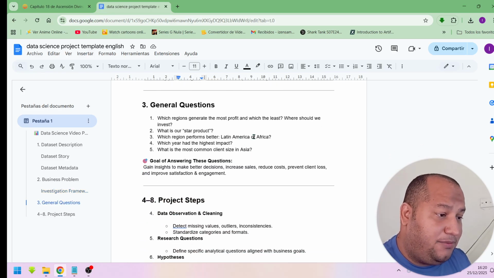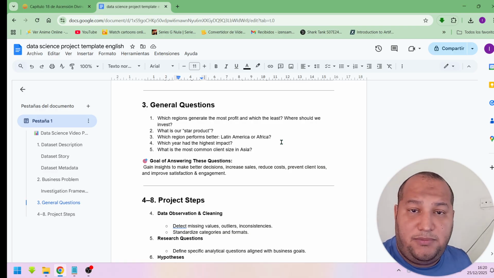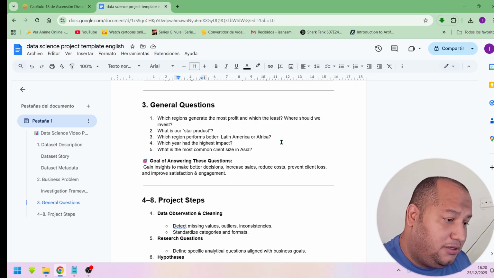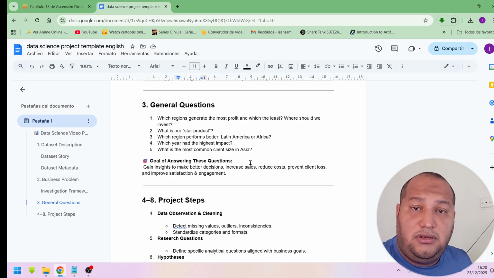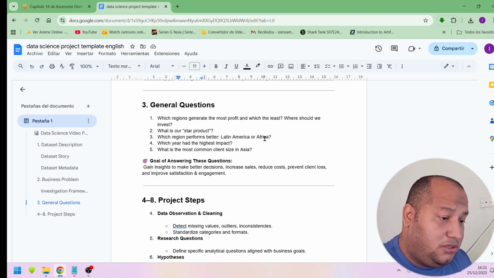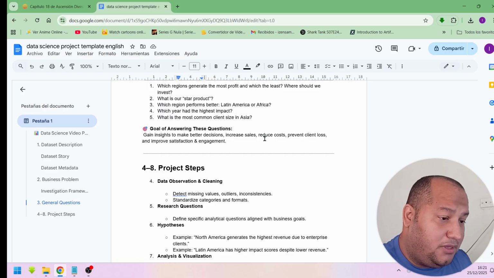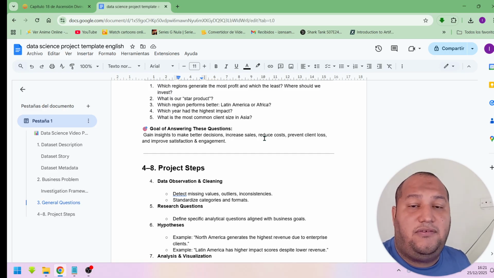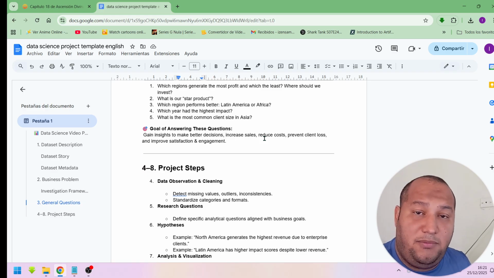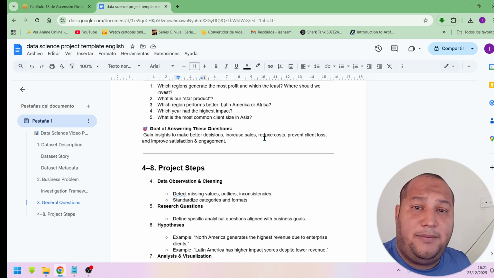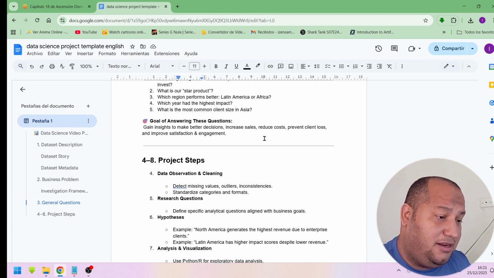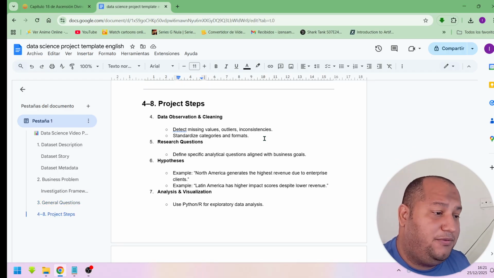After that, step number 3 will be the general questions about the project and what is the goal that you're trying to achieve with these questions. As you remember, it's a company, so it's almost always about the same: getting more money or saving more money. At the end, it's money. That is your job, to help people who make decisions to make the best decisions they can with the information that you have available.